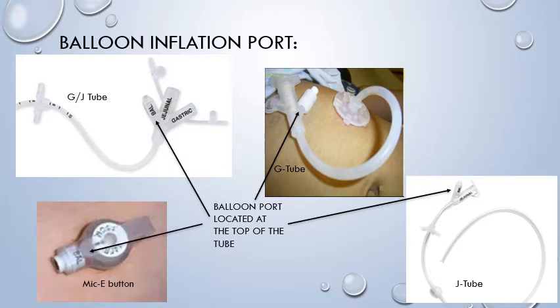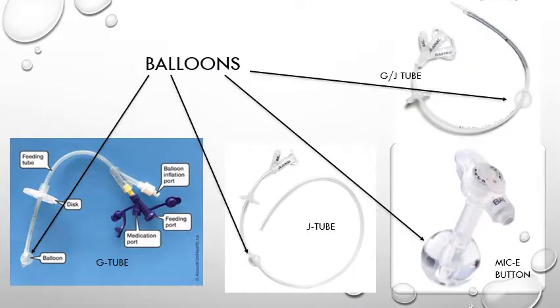This secures the tube inside the person's stomach. The balloon is inflated with water using a syringe. Balloons help to hold a tube in place inside the stomach. A balloon is filled with water by a nurse or a doctor. If the balloon breaks, the tube will fall out.